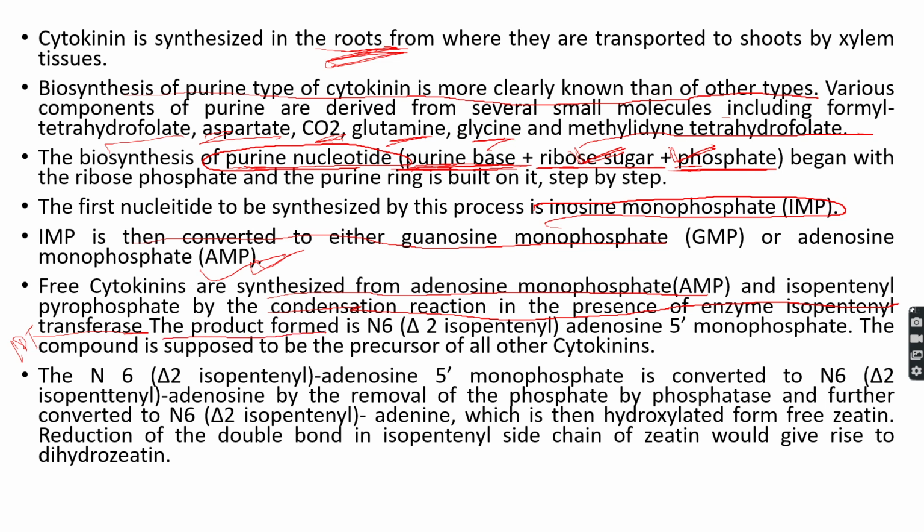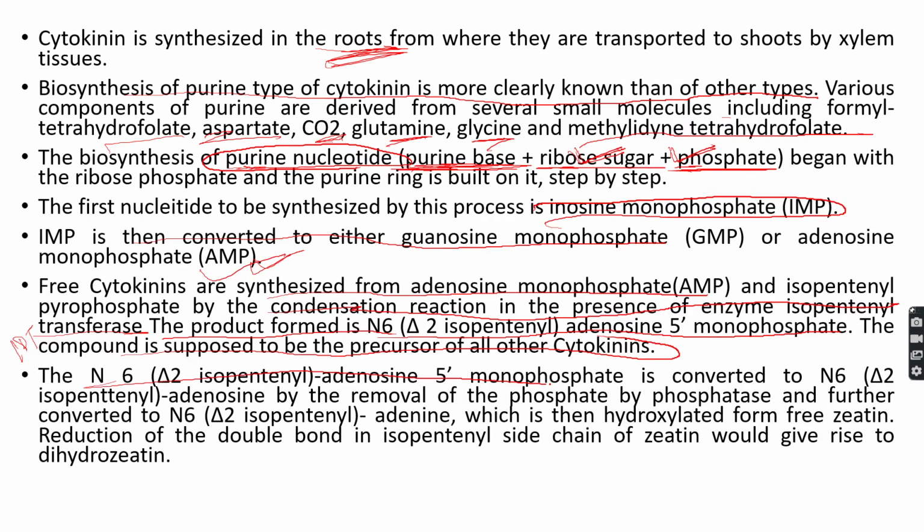The product formed is N6 delta 2 isopentenyl adenosine 5 monophosphate, and the compound is supposed to be the precursor of all cytokinin. Okay, so this is the chemical, that is N6 delta 2 isopentenyl adenosine 5 monophosphate.